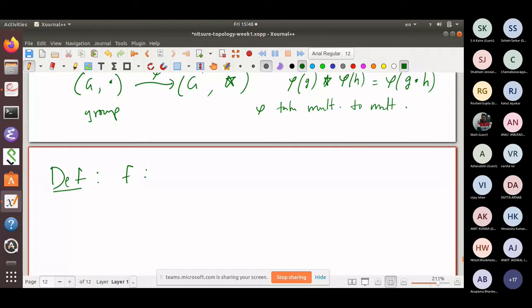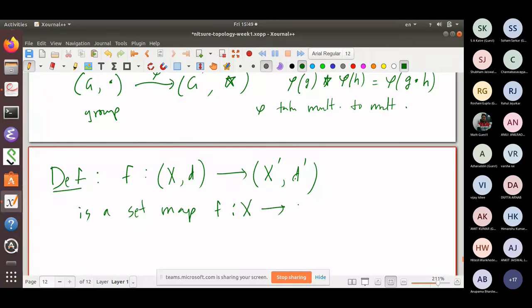An arrow F from (X, d) to (X prime, d prime) is a set map f from X to X prime such that the distance between two points x and y of X is equal to the new distance between their images.